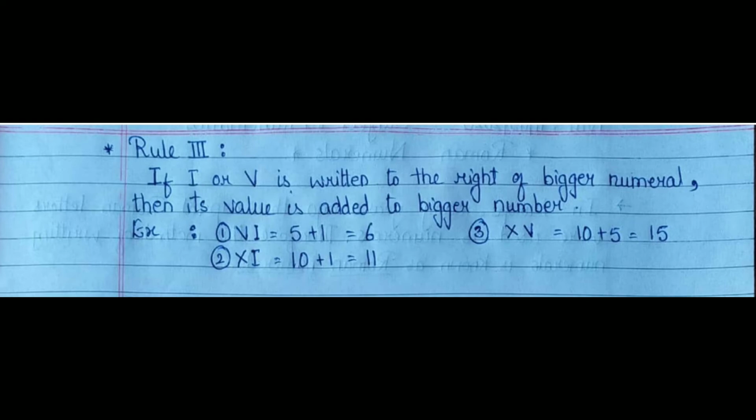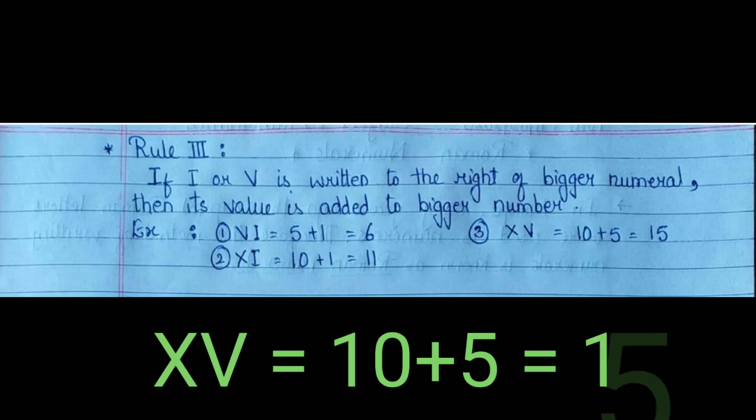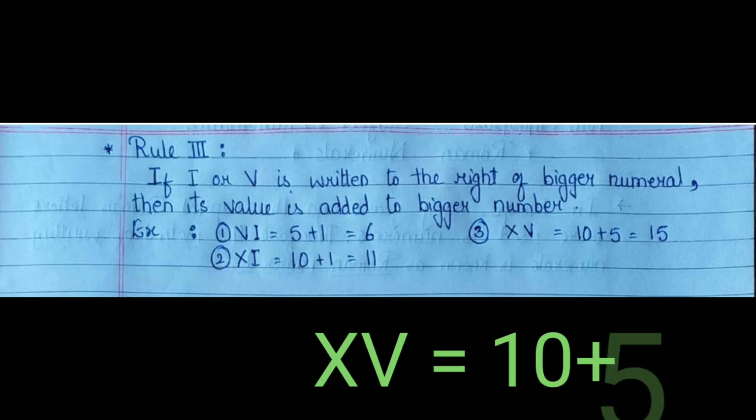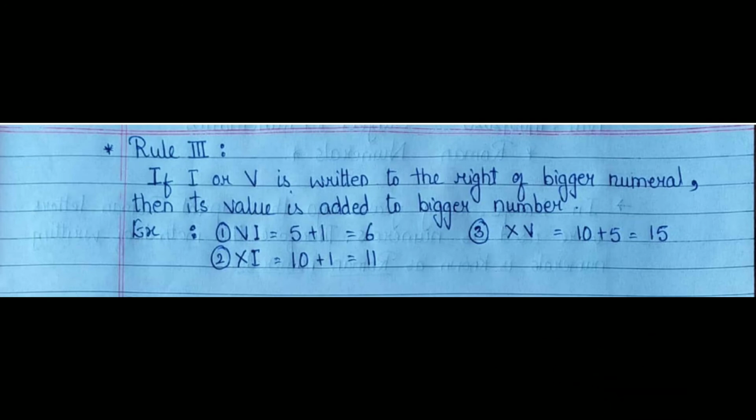XV. Here value of X is 10 and value of V is 5. X is greater than V and V is written towards the right side of X. So, we will add 10 plus 5, that is equal to 15. So, XV represents the number 15.